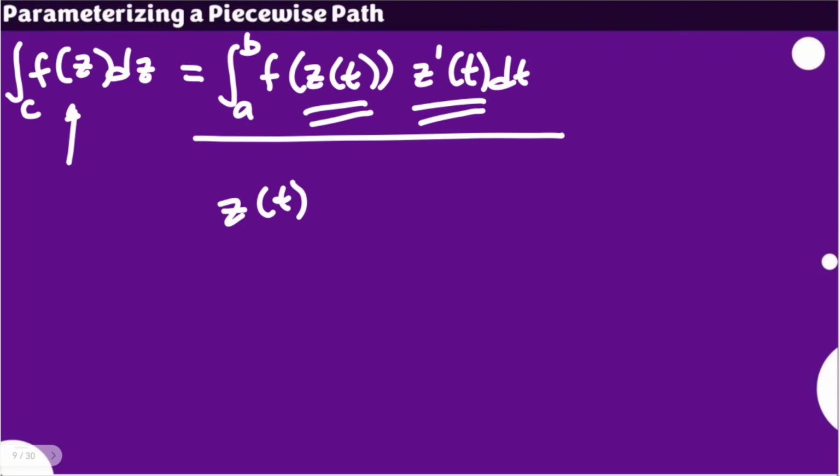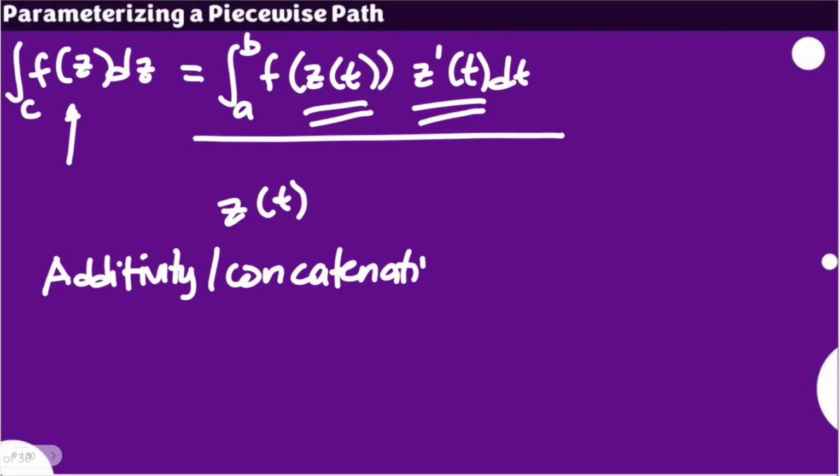One of the properties we were able to discuss previously is the additivity, or the concatenation of paths.